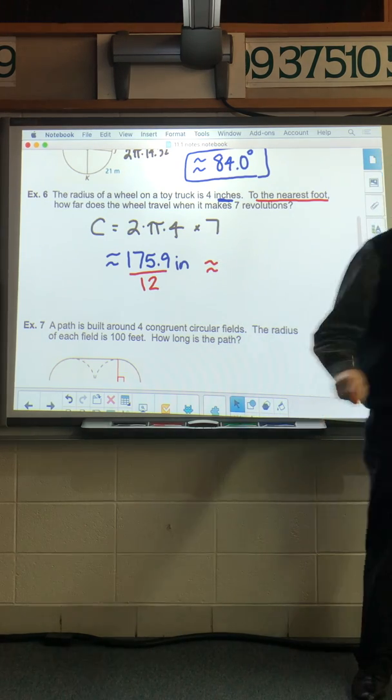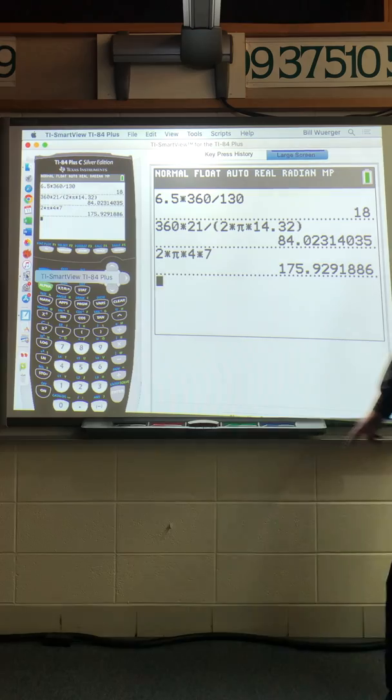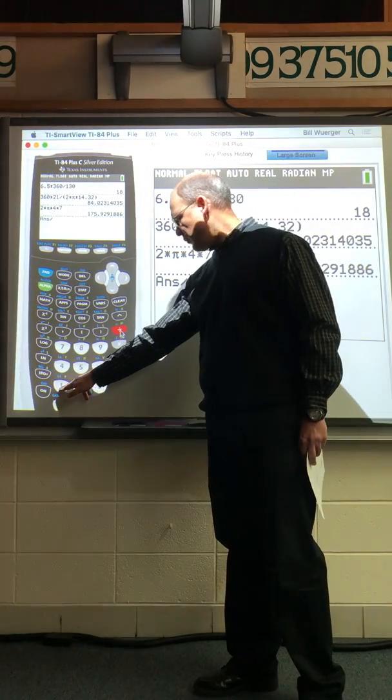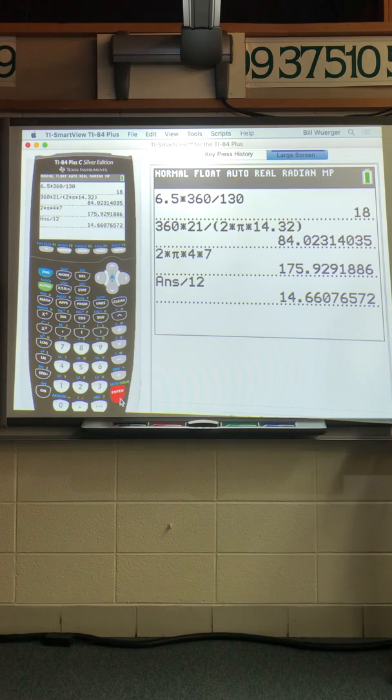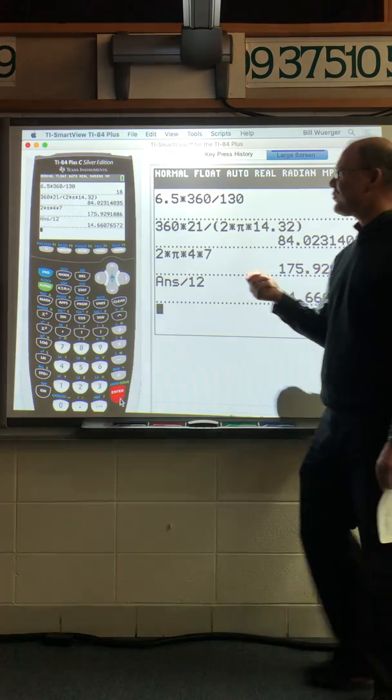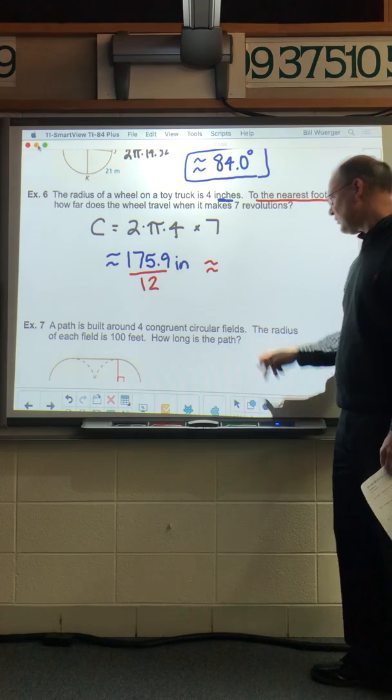And that's how many feet it's going to be. So take your answer and divide it by 12. 14.66. So if I round that to nearest foot, I would round up to 15 feet.